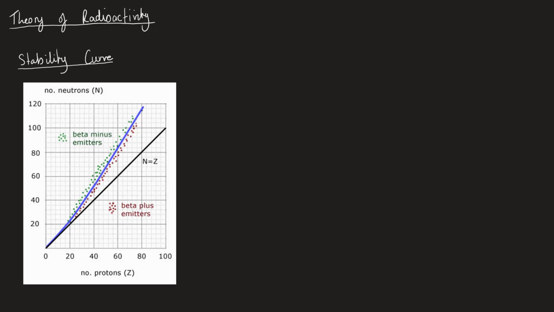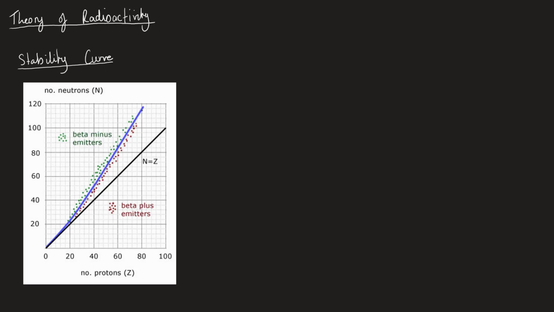The reason is this stability curve. This stability curve gives us an idea of how we can predict whether an individual isotope or individual element is going to undergo a certain amount of decay.